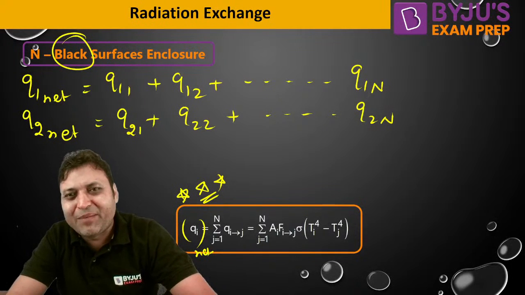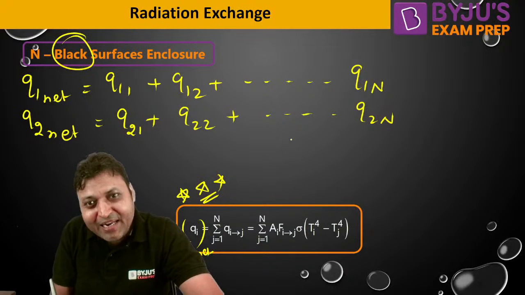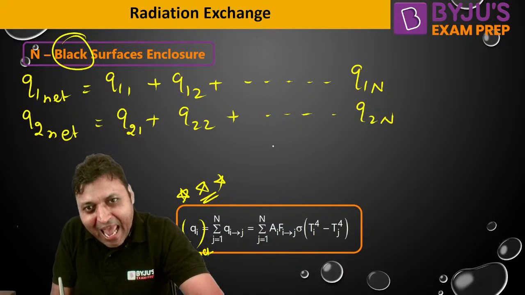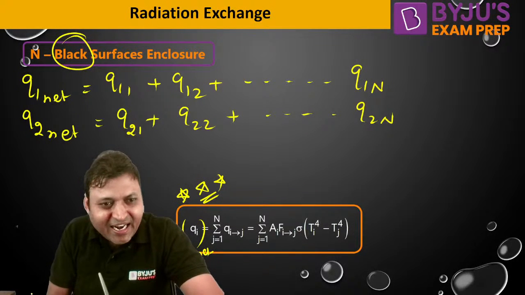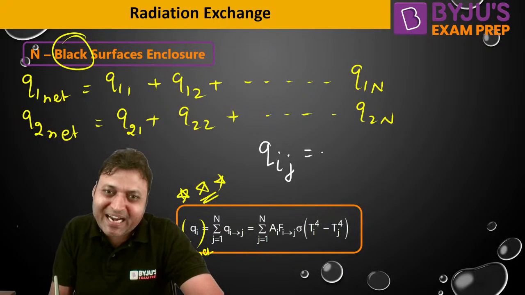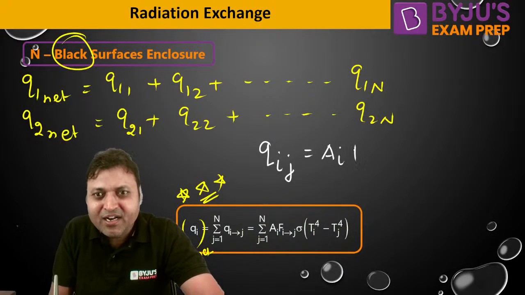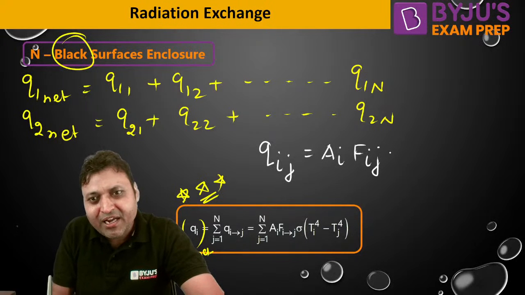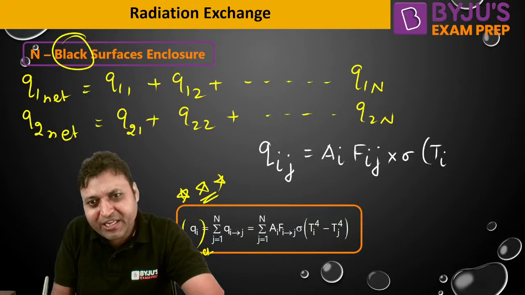Yes, Q121 will be 0 because between any two black surfaces i and j, we can write the general expression as Ai Fij into sigma into Ti to the power 4 minus Tj to the power 4.